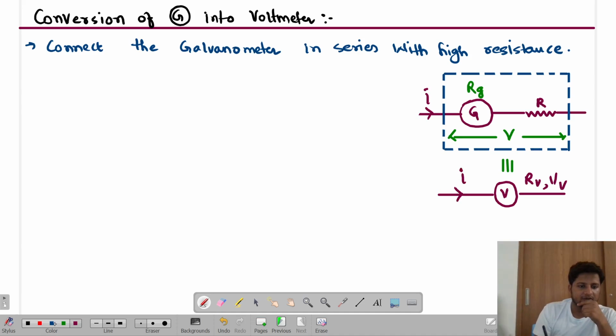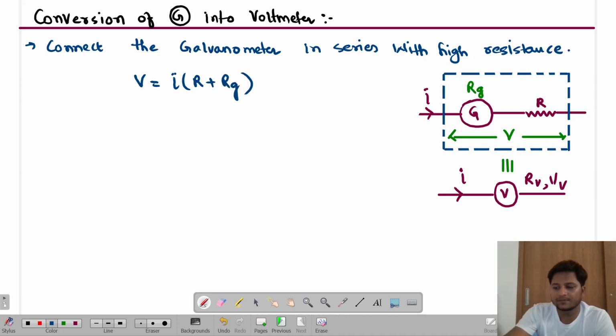So look over here. If I want to write the voltage equation, then voltage drop is equal to what? I into R plus Rg, isn't it? Confirm?